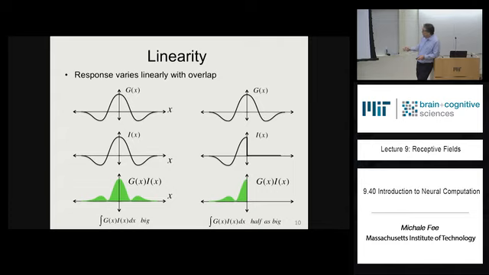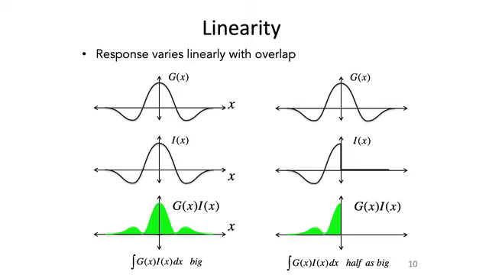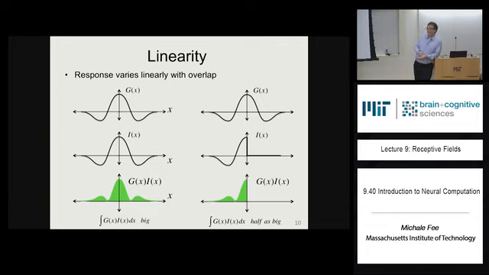So in this model, the response varies linearly with this overlap of the receptive field and the intensity. Okay? So that's where the term linear comes from. All right? Any question about that? Correlation is a linear operation.